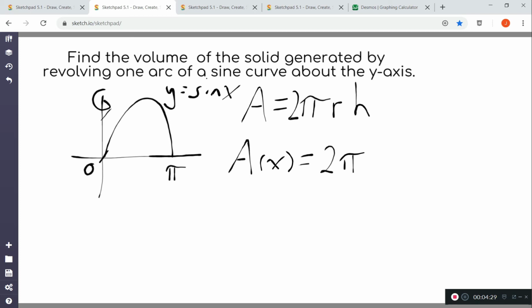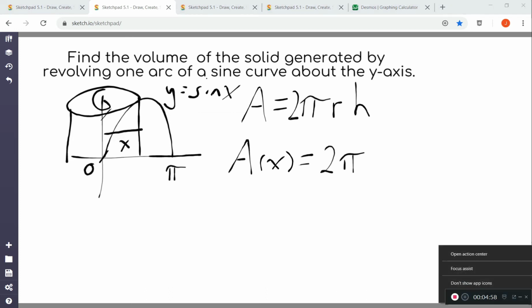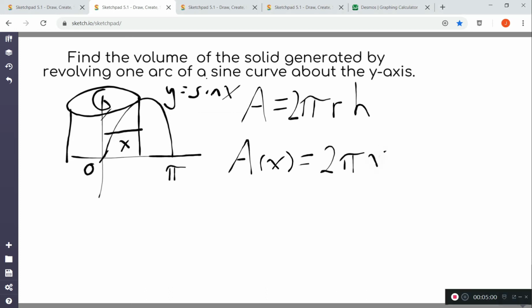If we visualize one cylinder right here being rotated around, the distance from here to here, the axis of rotation to that cylinder, would be our radius. Anytime we have a distance from the y-axis to a particular point within a curve, we can refer to that as x. So our radius is just going to be called x.